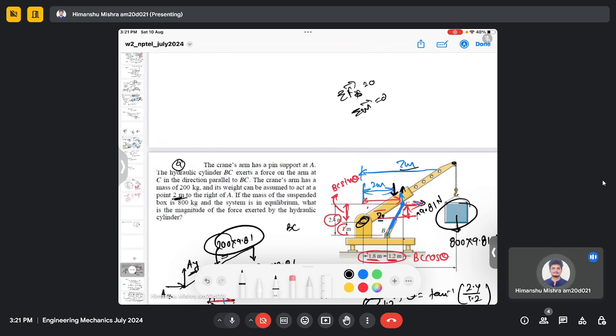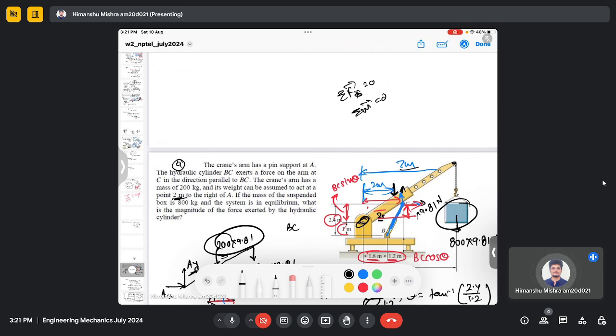So in the first question in the first lecture tutorial we saw how to calculate the total or overall force and moments. Then in the second one we showed that if the system is in equilibrium, the total force and the summation of moments should be equal to 0.